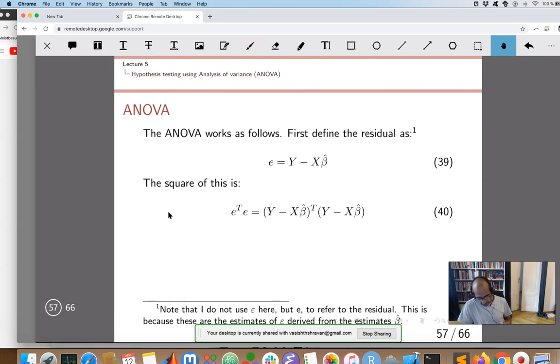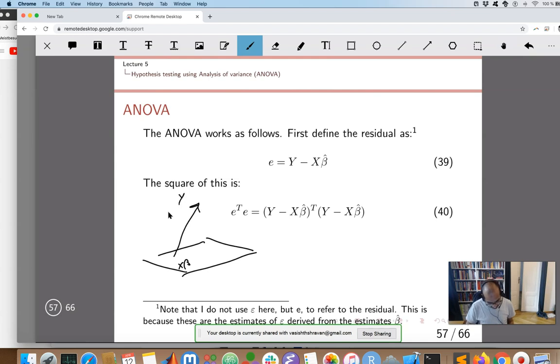So first of all, remember I drew that graphic for you. I had the x beta and I had my y vector. I said that I want to find this x beta hat, and I'm going to get this epsilon, which is defined as y minus x beta hat. Remember, this was some time back when I showed the matrix formulation.